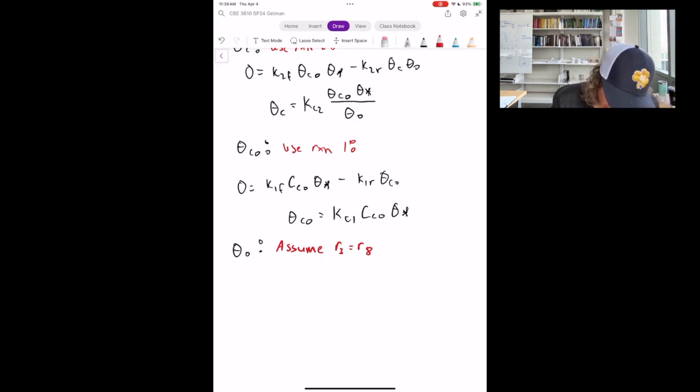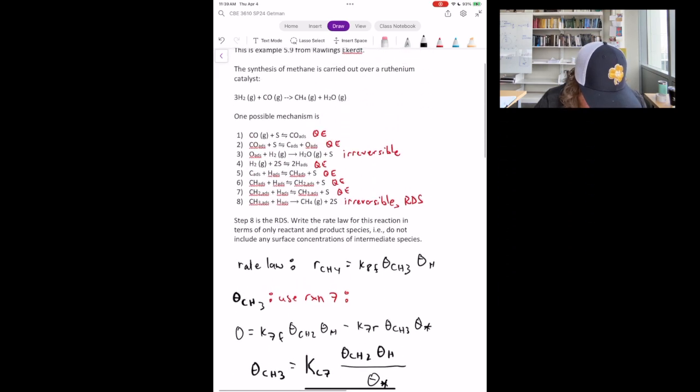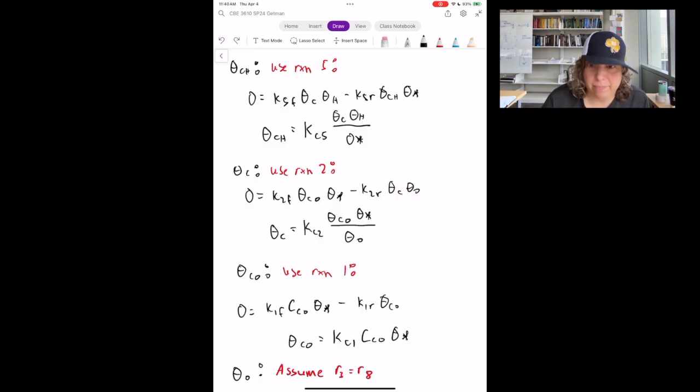And we're going to assume this because reaction 3 produces water and reaction 8 produces methane, and those in the overall reaction are produced in stoichiometric amounts. So it is not unreasonable to say that they would be produced at the same rate.